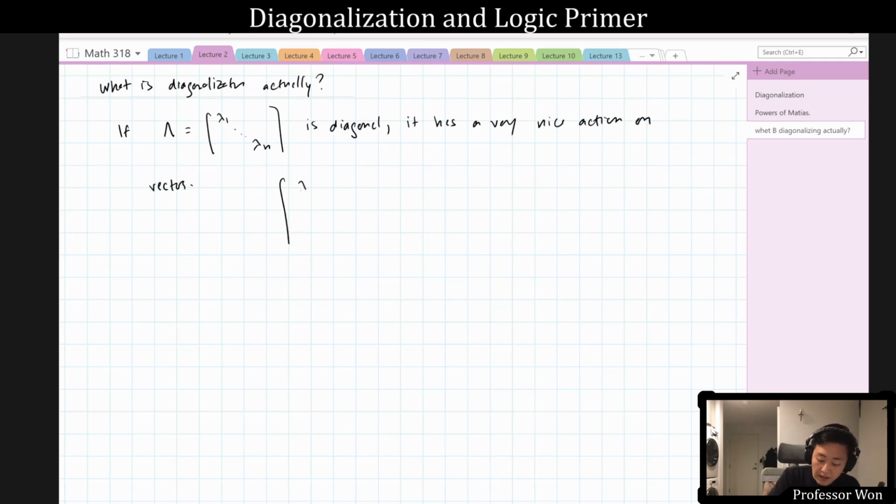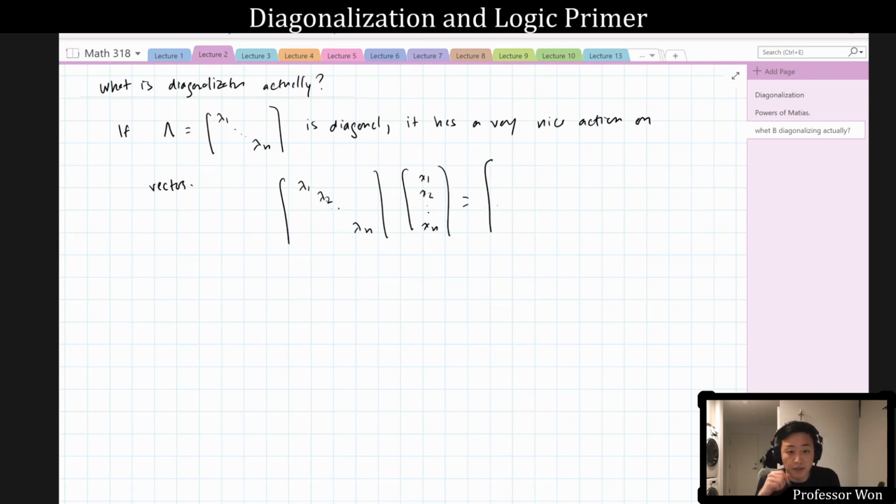If I want to multiply this matrix by this vector, what does it do? It just sends x1, x2, down to xn to the vector lambda 1 x1, lambda 2 x2, down to lambda n xn. What the diagonal matrix does is it just multiplies each diagonal entry into the components of your vector. So a diagonal matrix has a very nice action.